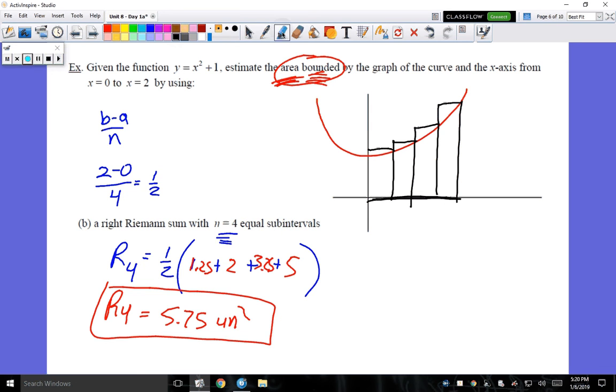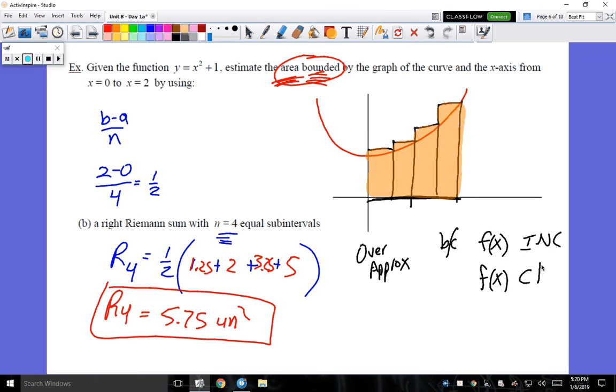And you're looking for the area underneath the curve, underneath all that. So that's why you have that over approximation. That's why this number's a lot bigger than the one that we had before. Okay, so this would be an over approximation, because f of x is increasing and f of x is concave up.